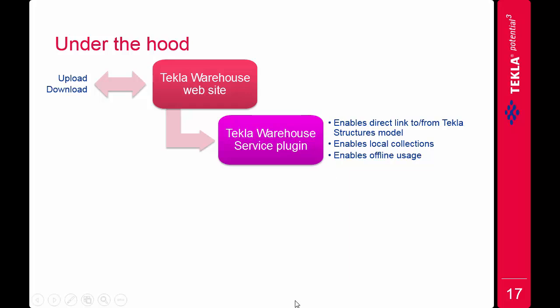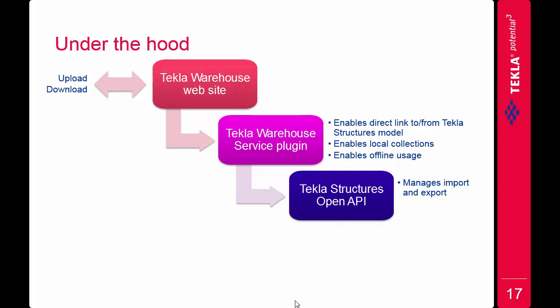So that's what the Tekla Warehouse Service plugin enables: the link with Tekla Structures and then this offline and local use. The Tekla Warehouse Service plugin uses the Tekla Structures Open API for the import and export. So if there's something wrong with the import or the export, it could be because of the API.